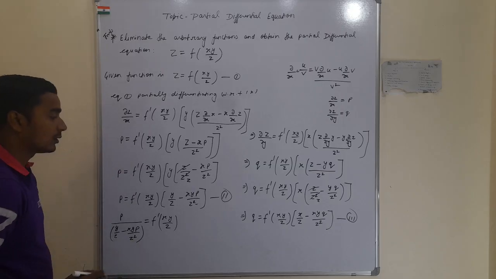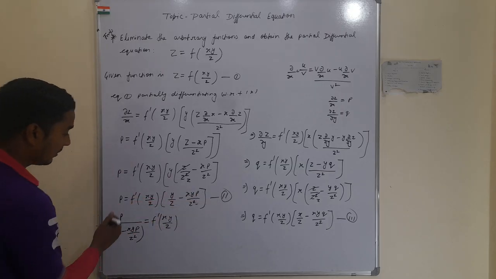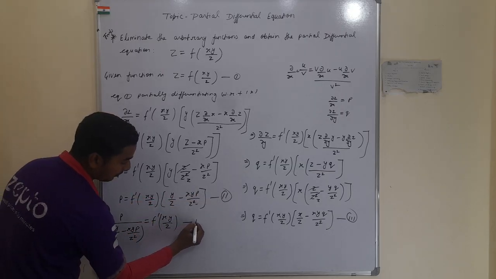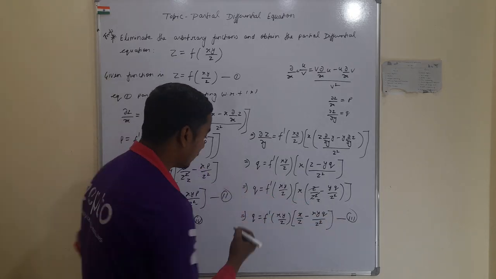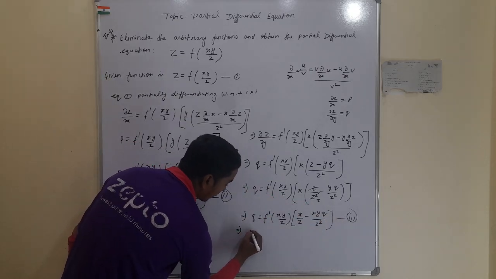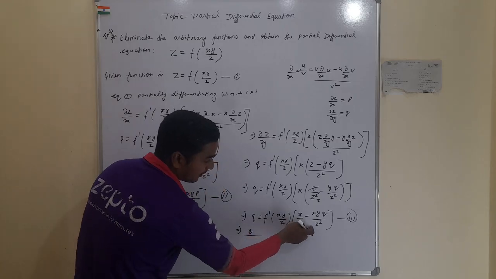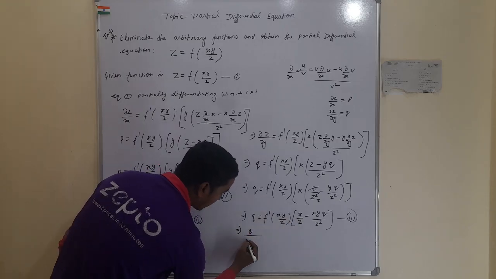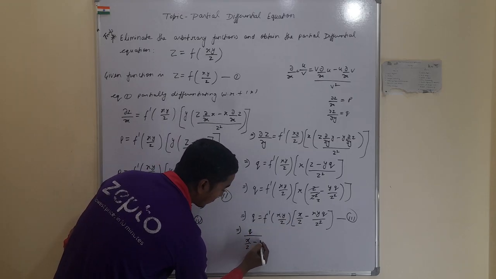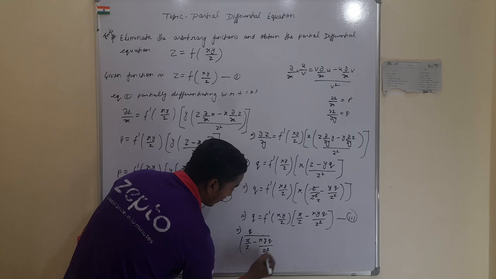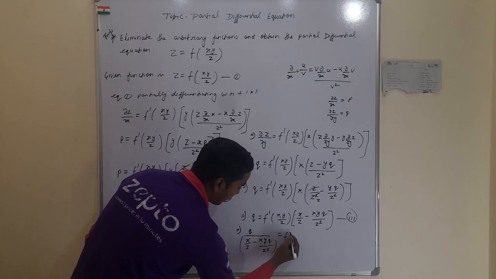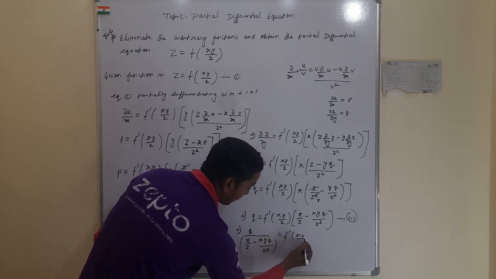We write equation 2 in this form, and let this be equation 4. And we can also write equation 3 in the form q upon x by z minus xy q upon z square is equal to f dash of xy upon z.